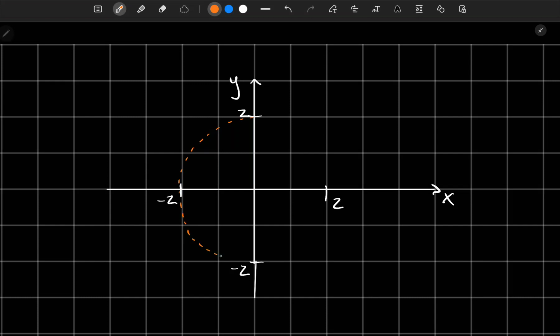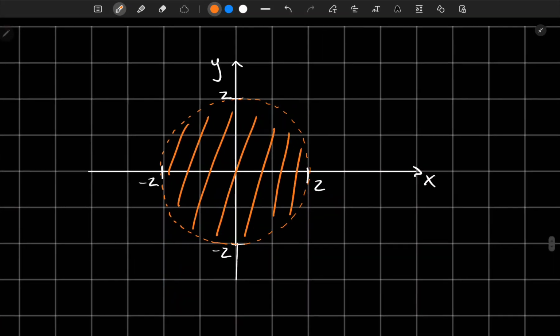Note that again, I'm using a dashed line to indicate that points along this line are not included in this region. So this is something like a shaded circle in the xy plane with a radius of 2, where we don't consider the points that lie along the edge.